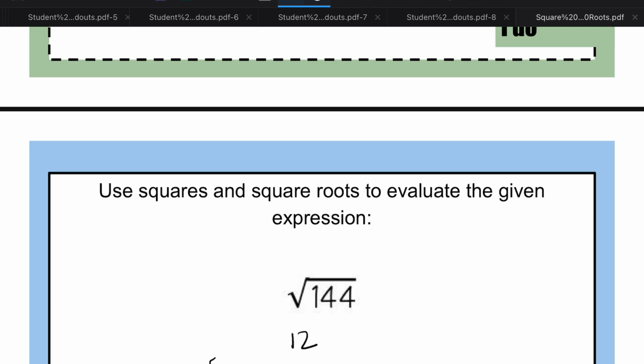The square root of 144 is 12, because 12 times 12 is 144.